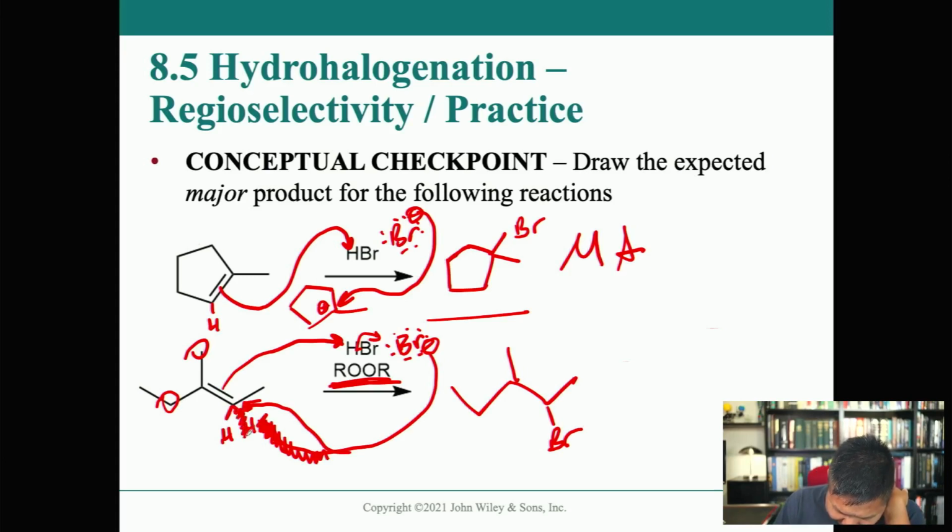Why did I do that? There we go. Sorry about that. I made the mistake of having 10 electrons on 1 carbon just now. So don't feel bad, everybody makes mistakes. And this is the anti-Markovnikov, also known as AM for me.